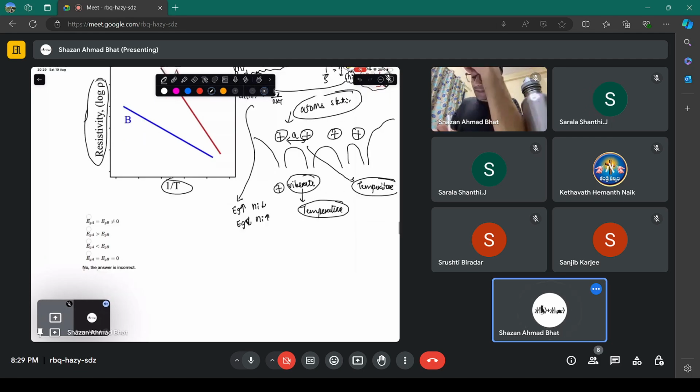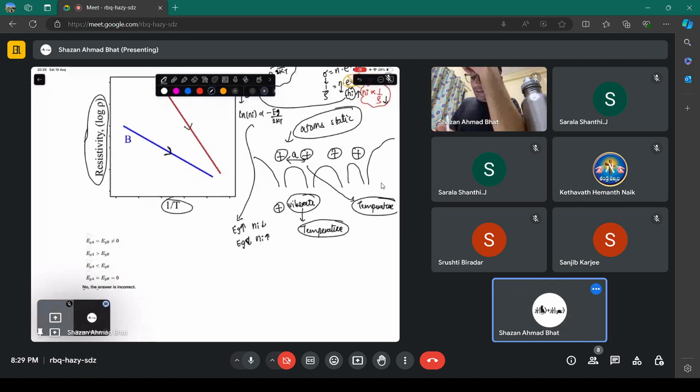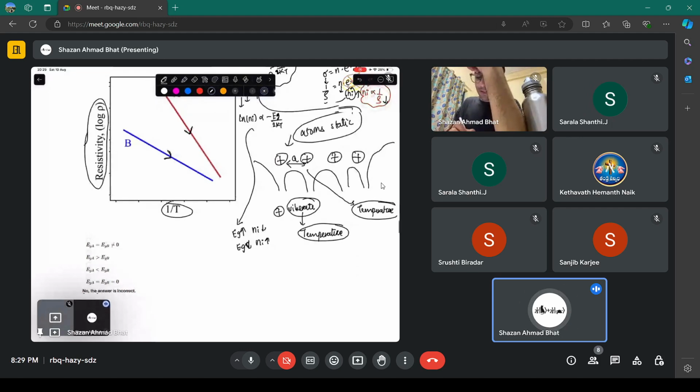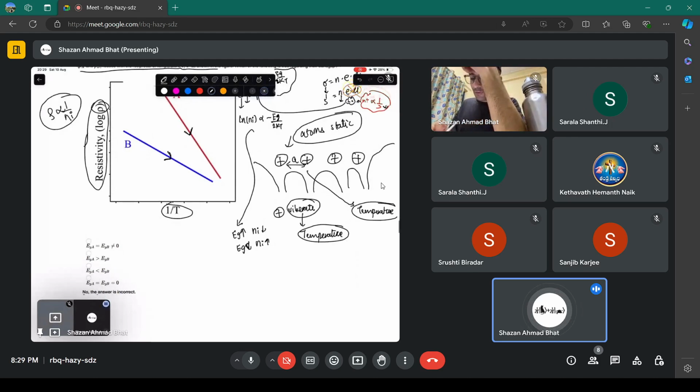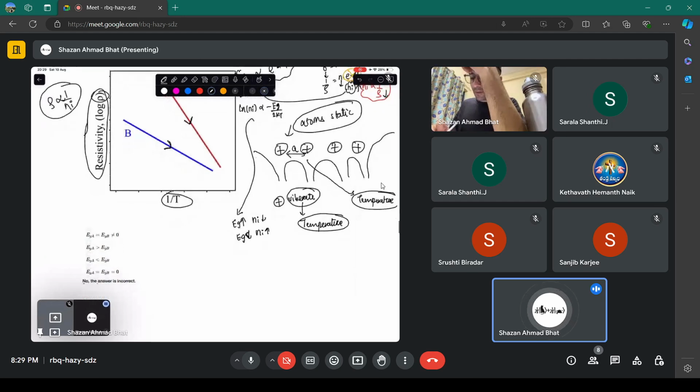That means इसका जो स्लोप है वो उल्टा होगा पीछे वाले एग्जांपल से, because this time resistivity is inversely proportional to 1 by Ni. So this time the particular slopes will be opposite to that of the previous question.